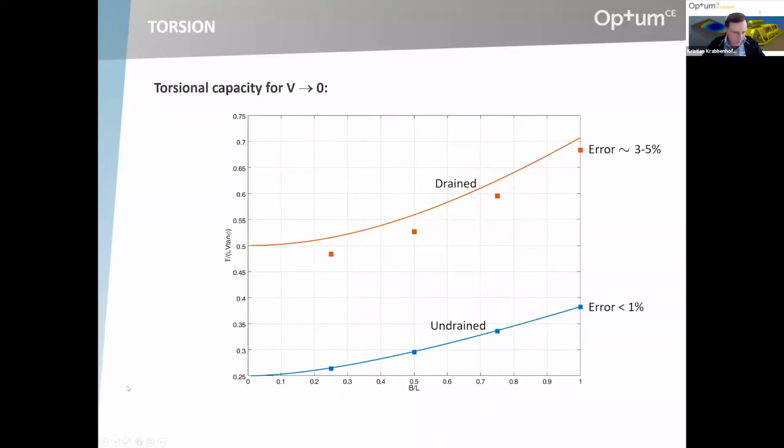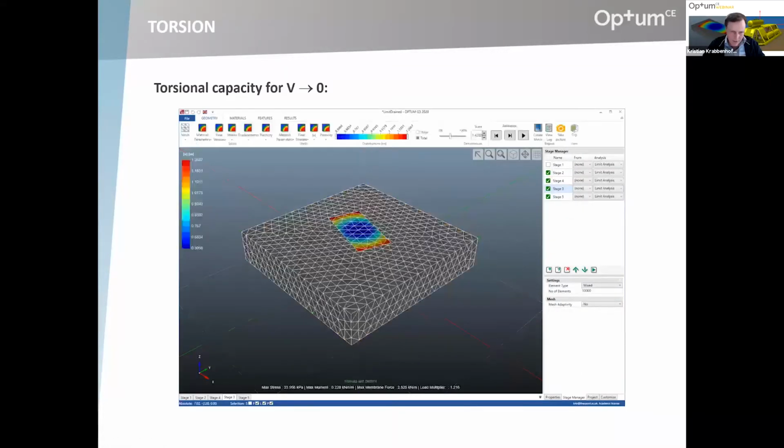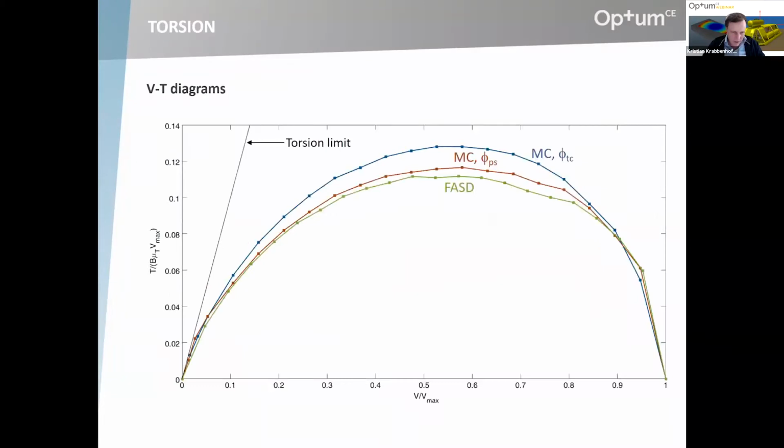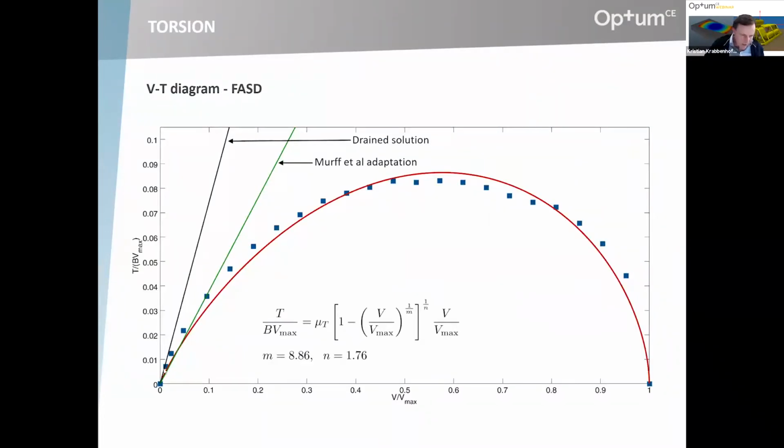And I think there was another question for the torsion. Yeah, so this issue with the torsion versus the sliding limit, how the actual VH diagram or VT diagram looks in that case. You can see that this limit is quite different in the two cases, because in the sliding case, the points approach the sliding limit for quite a considerable V, whereas in the torsional case, it's only really down towards 0 V that we approach this limit.